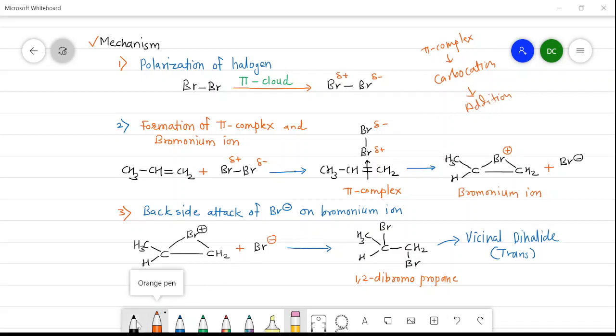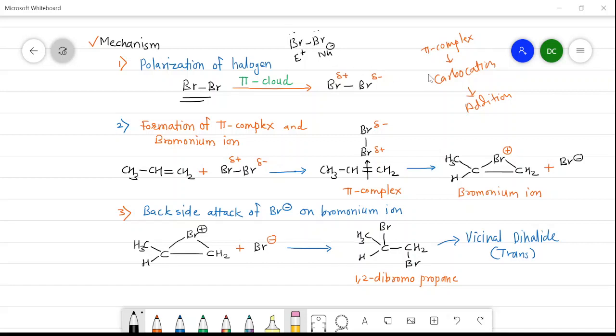But in case of halogenation, what happens? If you see the electrophilic reagent, it is Br single bond Br. Both Br possess a lone pair. Therefore, out of which one is acting as an electrophile, the second part is a nucleophile. So the electrophile possesses a lone pair.